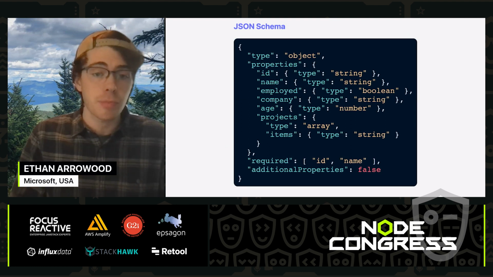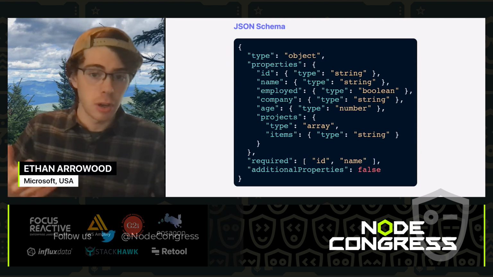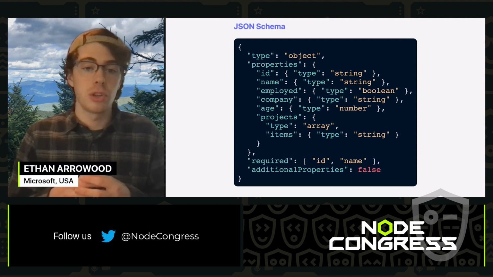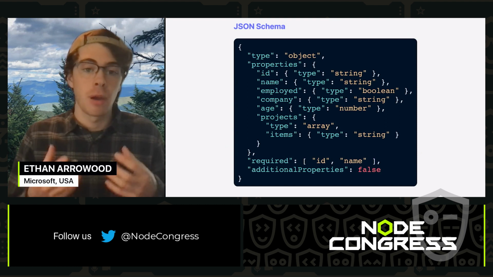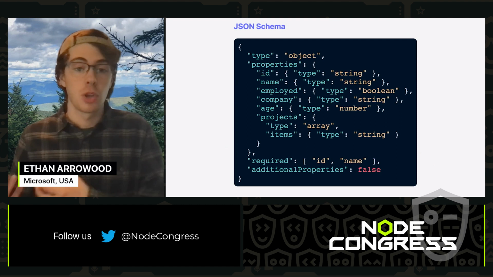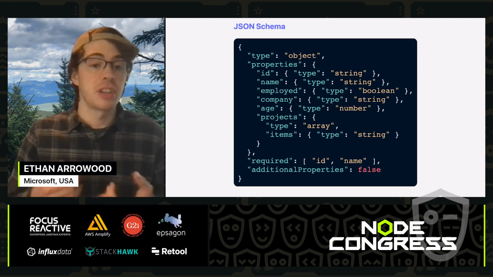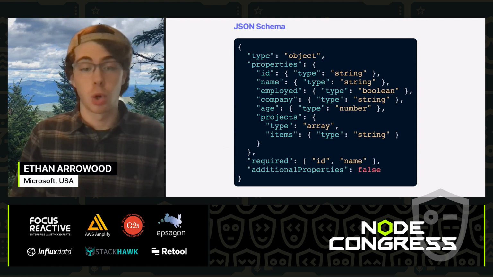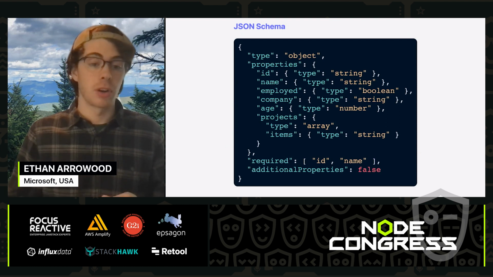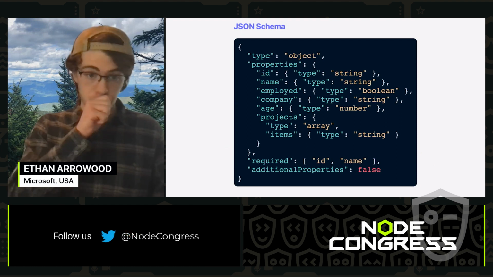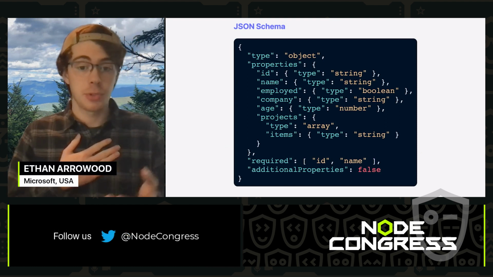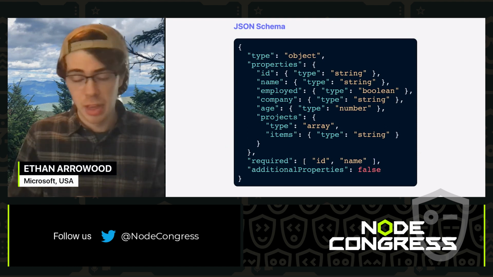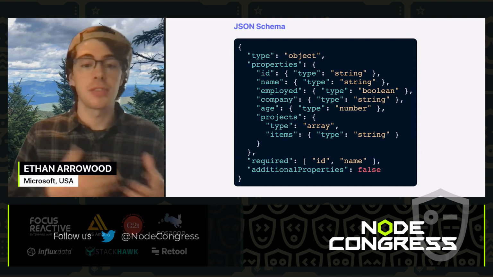JSON Schema uses a standard or a specification to allow a developer to define the shape of a JSON object, given things such as the type, listing the properties, saying what properties are required or not, listing if there are additional properties or not, and even being able to define more complex types. As you can see in the code sample, the projects property is of type array.